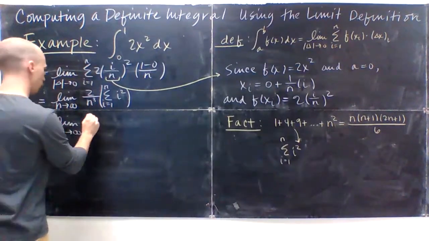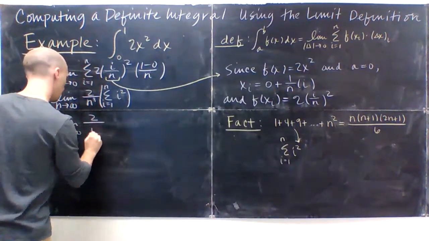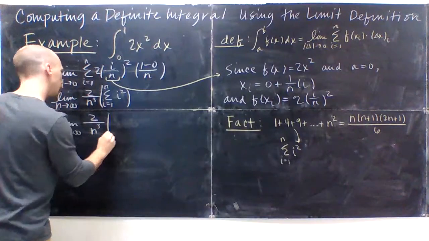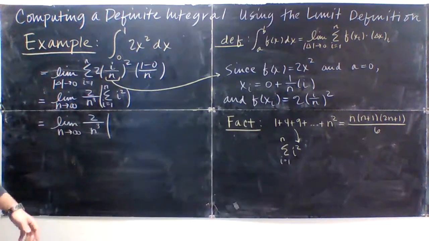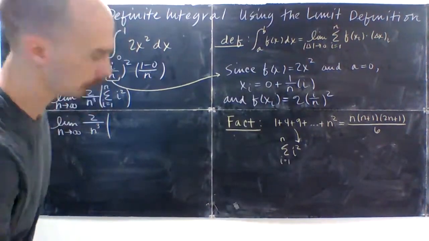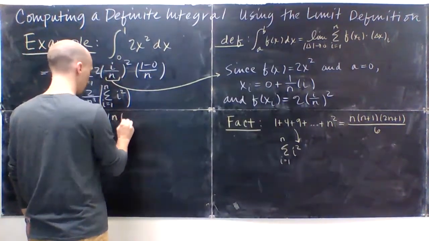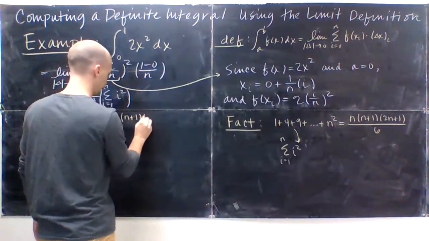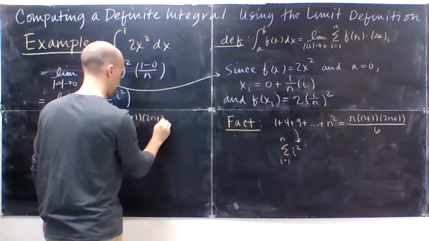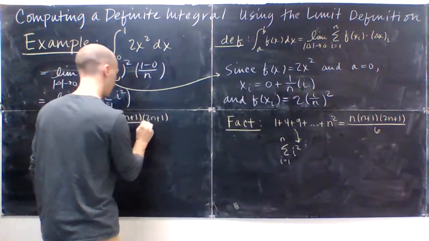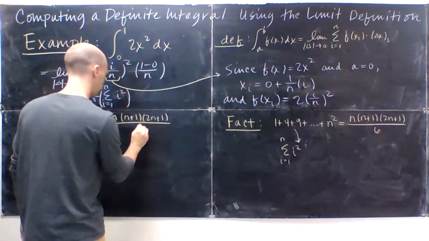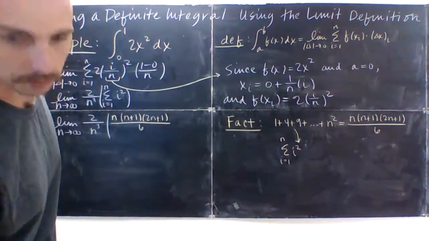Okay, so I've got 2 over n cubed multiplied by what's going to come back, I guess I'll use yellow, n times n plus 1 times 2n plus 1, divided by 6. And then you can see where this is headed, right?